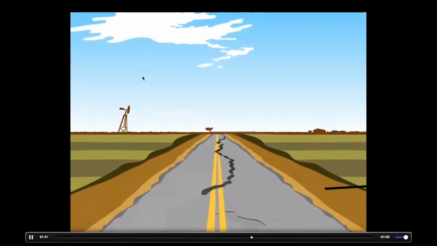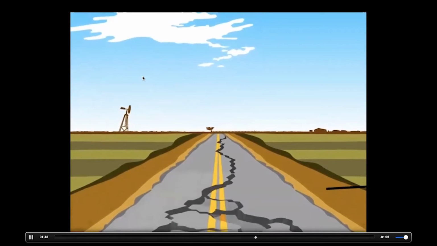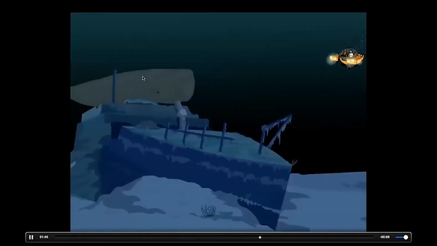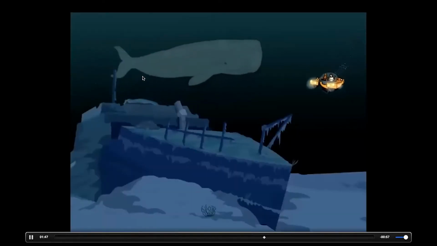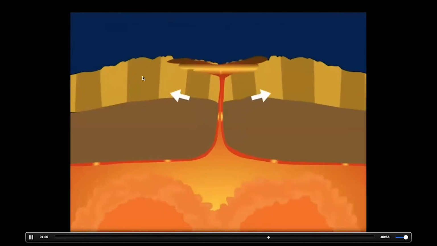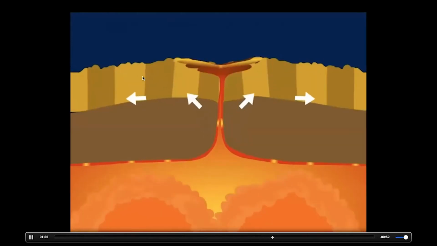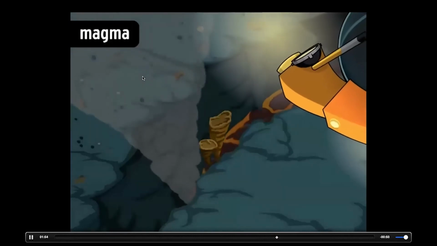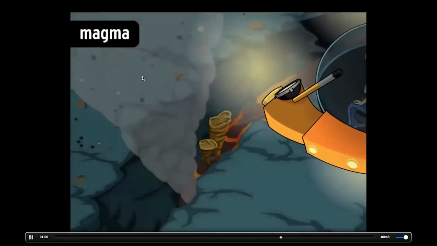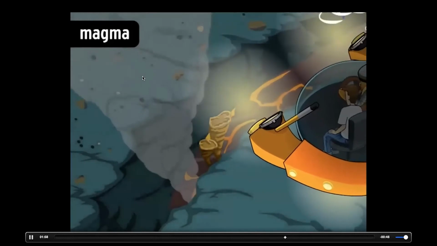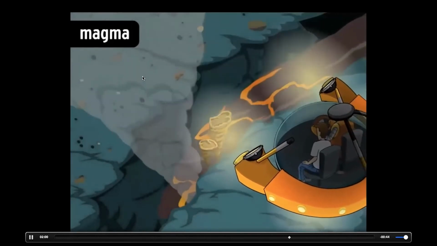The longer it takes to release, the bigger the earthquake. And plate movement drives volcanic activity, too. At divergent boundaries, like the mid-Atlantic ridge, there's a gap in the lithosphere. So magma, molten rock from the mantle, is constantly pushing up along the boundaries. These are the most volcanically active places on Earth.